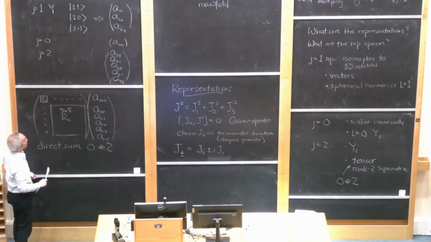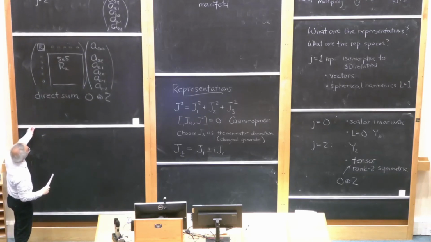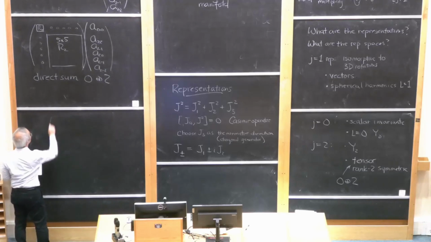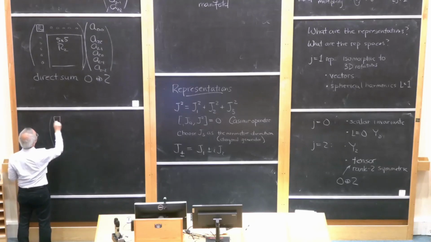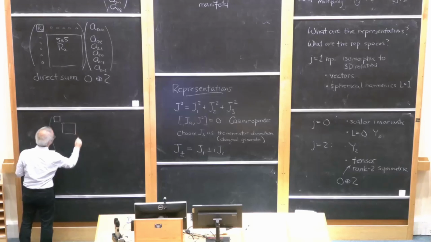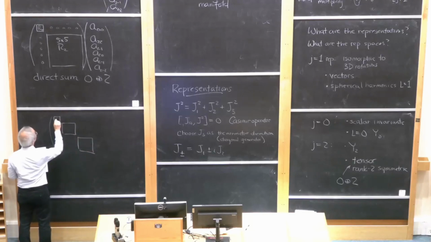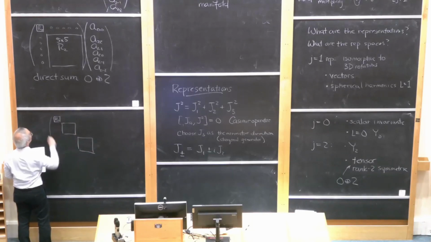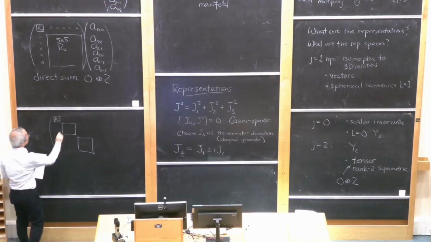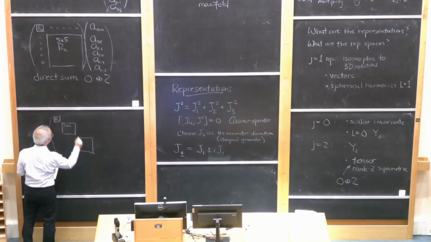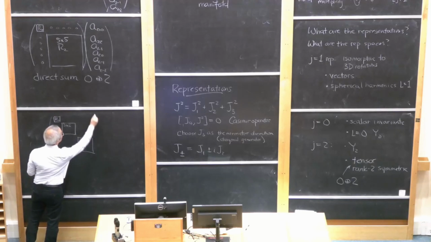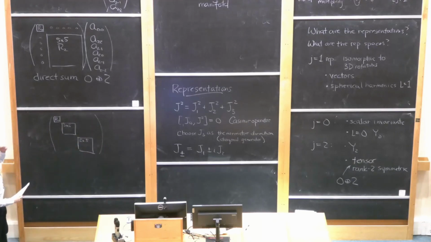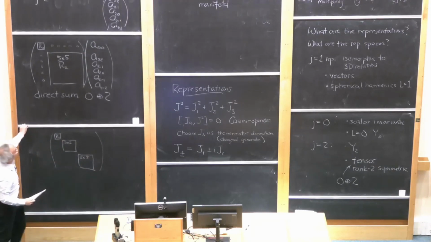And if you were to have direct sums of more complicated systems, let's say you had your 0, 1, and 2, so you have a 3 by 3 block and a 5 by 5 block.